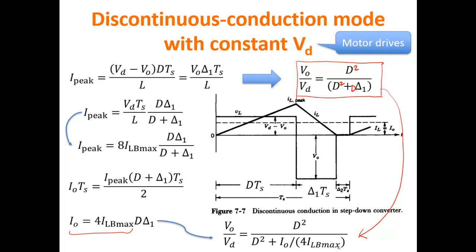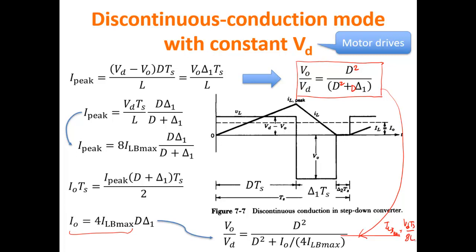Okay, ILB max is a constant, equal to VD Ts over 8L.